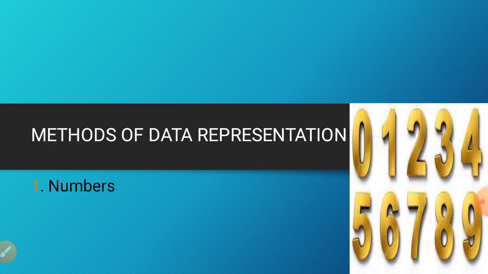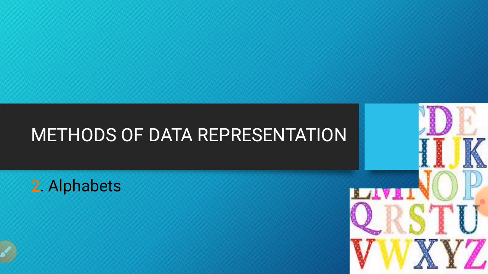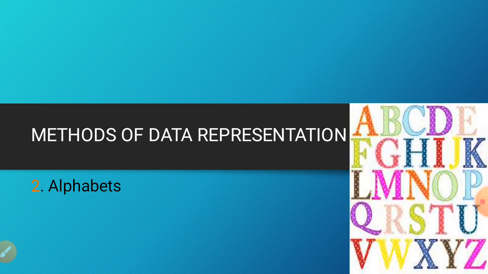Another method of representing data is with alphabets. This, of course, is a range of the English alphabets that you know, from A to Z. When these characters are combined together properly, a sensible document is formed.